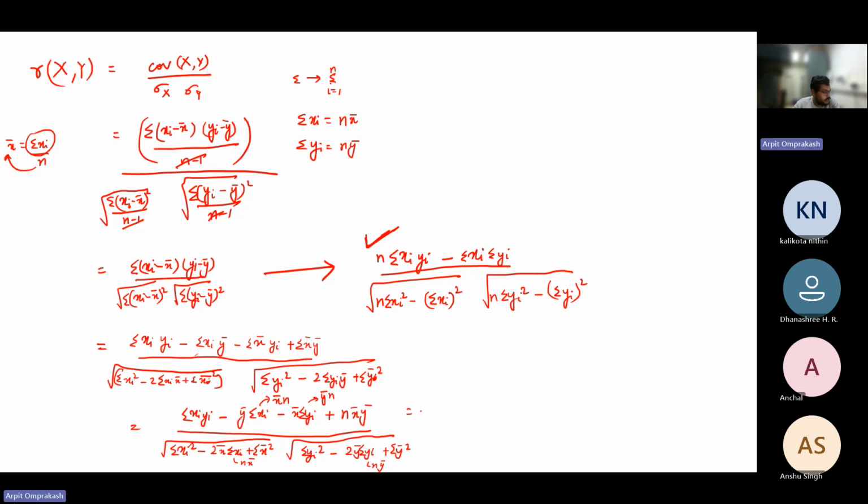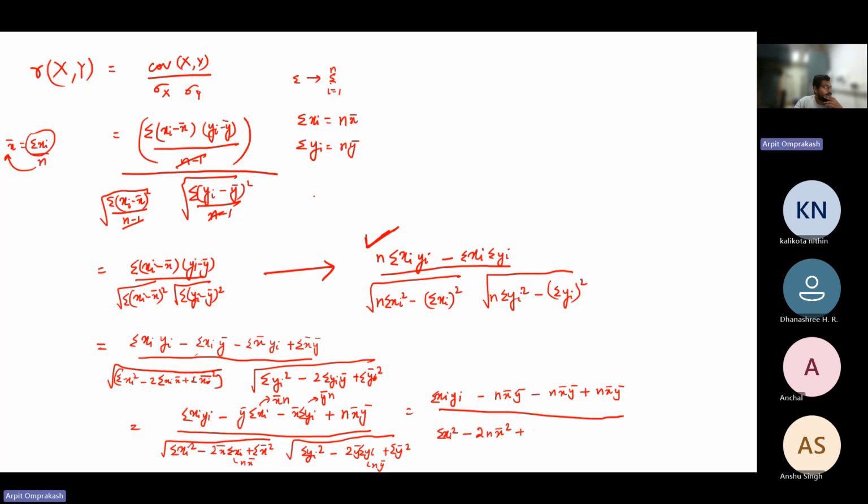Then we basically have n x bar y bar minus n x bar y bar plus n x bar y bar, divided by summation xi square minus 2n x bar square plus.